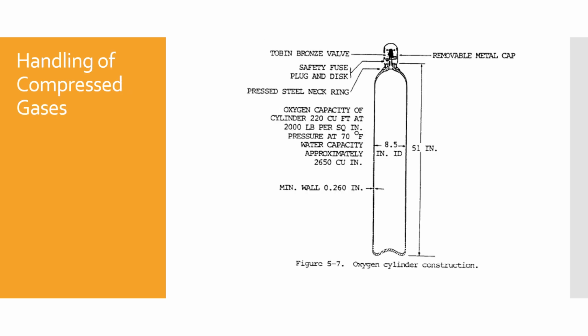Handling of compressed gases. So compressed gases, these things are under a lot of pressure, and there's a whole universe of handling these things. You don't want to move these bottles without a cart or without having the removable metal cap on there. The cap is on there to protect the valve, because if this thing falls over and that valve gets broken off, it'll put one of these cylinders through the wall.